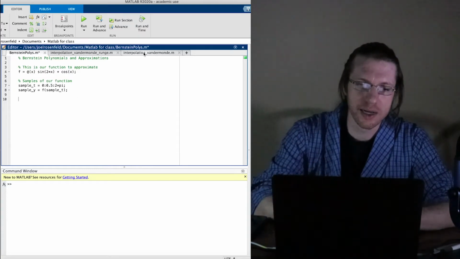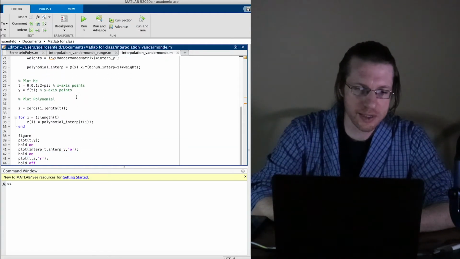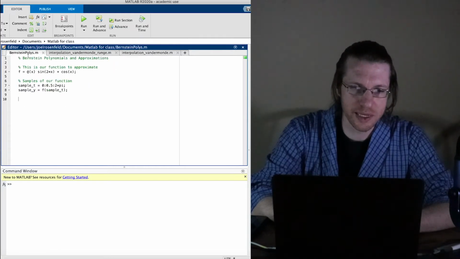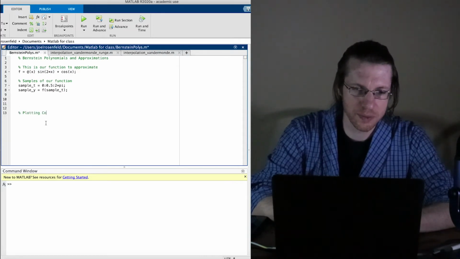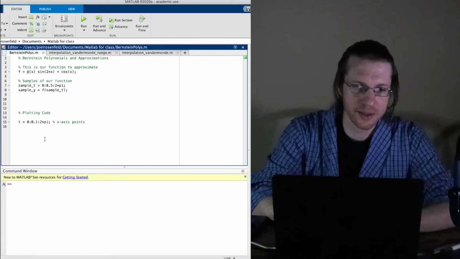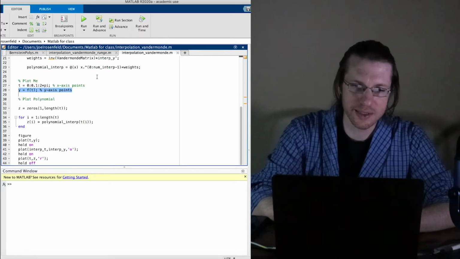Okay, so let's go ahead and do that whole plot thing again. Remember we were plotting from t going from 0 to 2 pi. So the plotting code, and we had that. And then y was just this function applied to that.